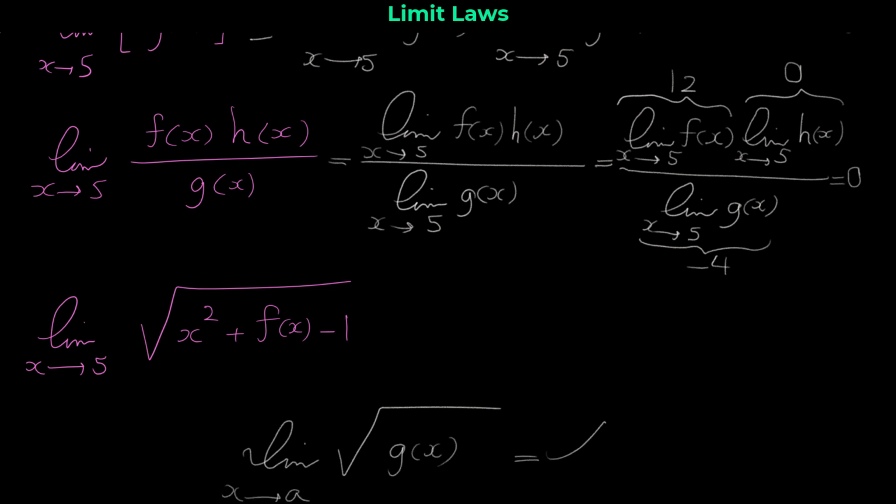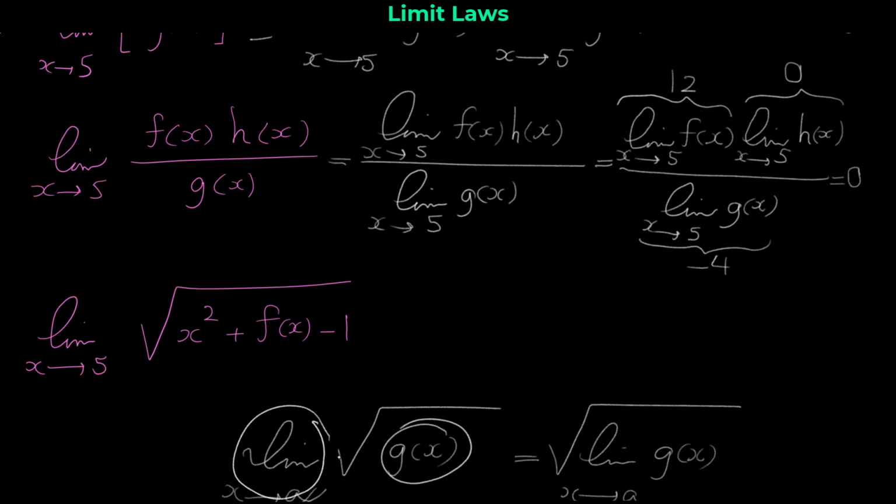as the radical of the limit of g of x when x approaches a. So we can move the limit inside the radical. Whenever we have a limit, we can move it inside the radical. But it's important that this limit of g of x when x approaches a should be positive.